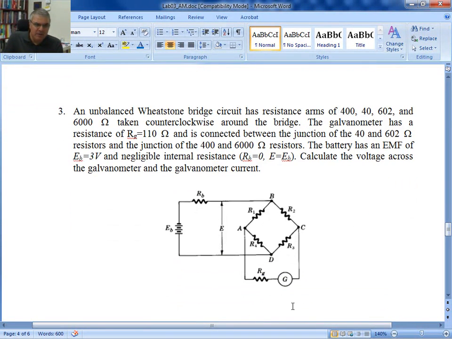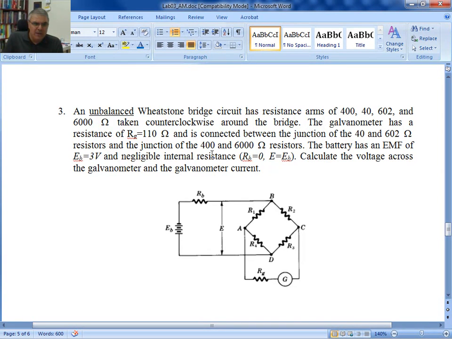This is the unbalanced bridge, so keep that in mind. This is not the balanced Wheatstone bridge. This is the unbalanced. Okay, and I just highlighted that for you.